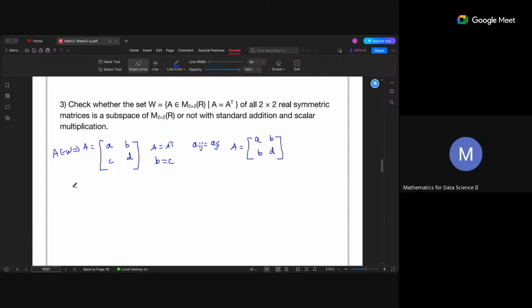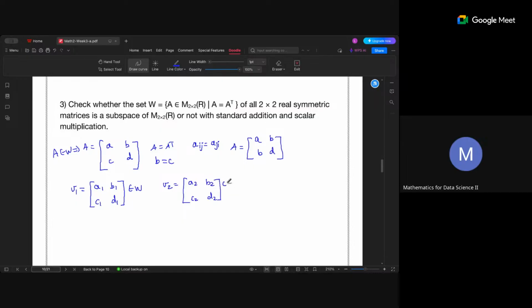Now we have to take two vectors. Let's say V1 is A1, B1, C1, D1. This is in W. And V2 is A2, B2, C2, D2.